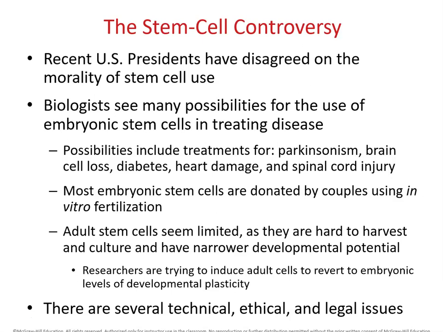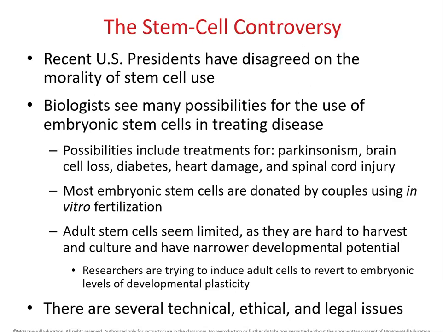Well, there are two ways. Initially, embryonic stem cells could be harvested from aborted fetuses. Generally, in fact, as a rule, that's not how embryonic stem cells are obtained now. Embryonic stem cells are now donated by couples who have many cells fertilized during the process of in vitro fertilization, a fewer number implanted.